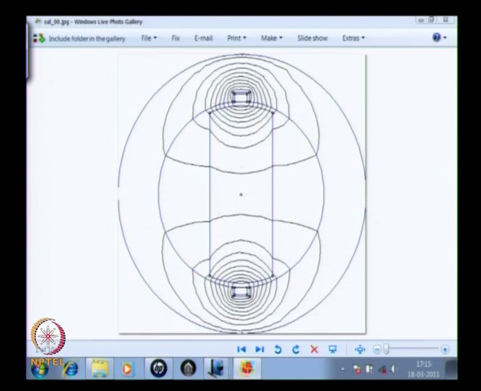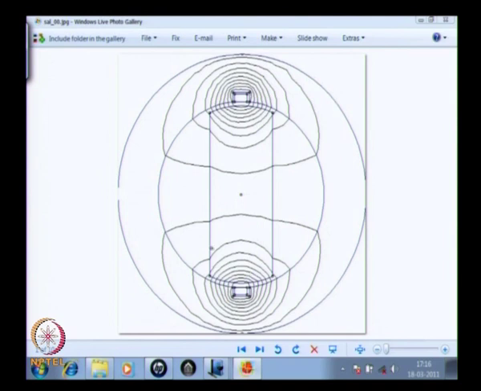So with the rotor located at this particular angle, if you excite the stator coils here, then the flux lines can be seen to be like this. You can see that flux lines concentrate around the stator coil here and here.